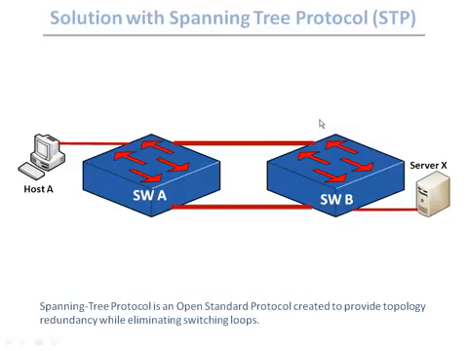Well, the solution to all the redundant topology problems is what we call spanning tree protocol, or just STP. The way spanning tree protocol operates is by blocking one of the redundant paths, or probably all the redundant paths, and leaving only one way of communication between the devices.